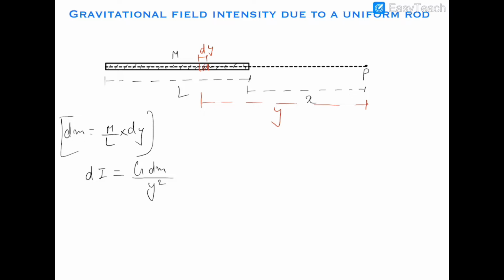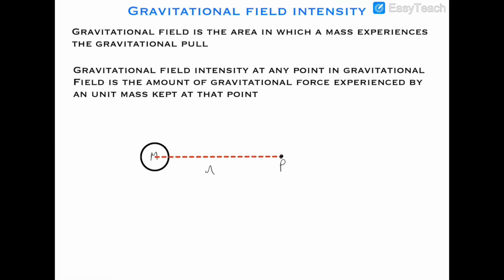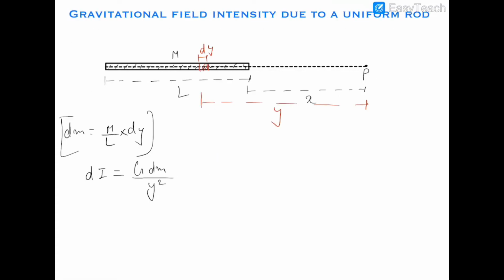As we have already discussed in the previous video, this is the magnitude of gravitational field intensity due to this element at point P.